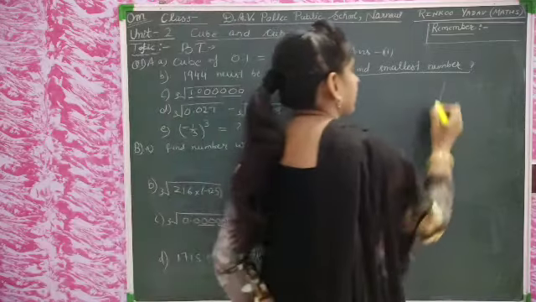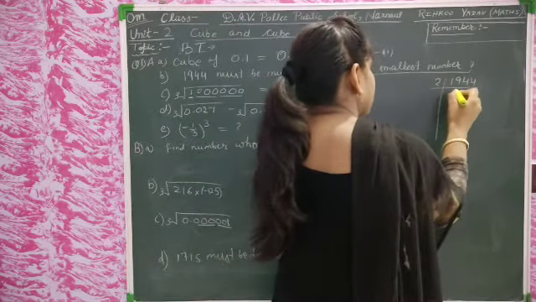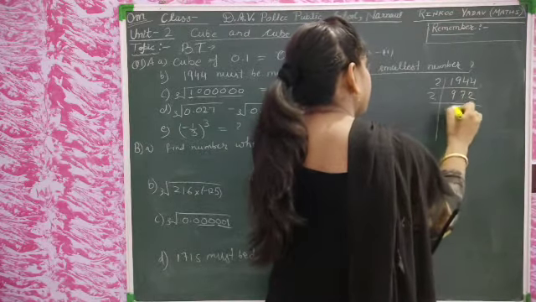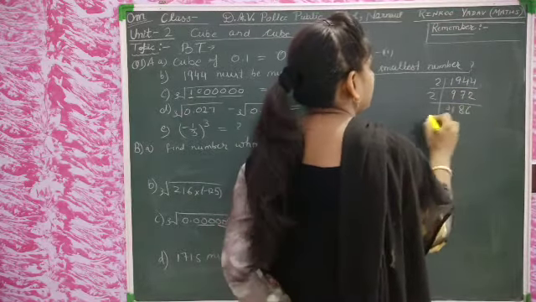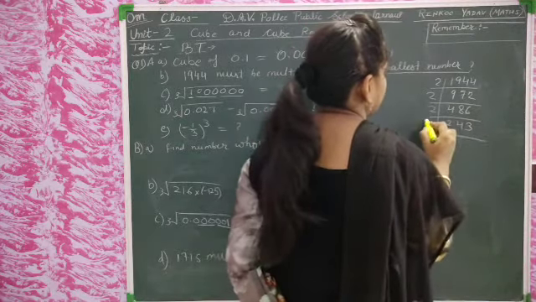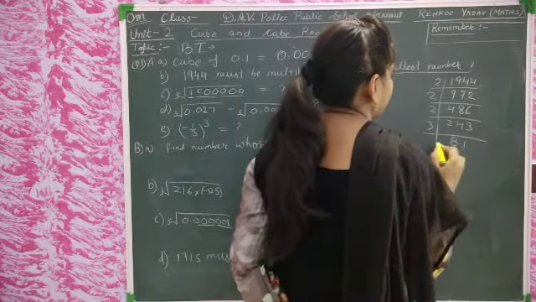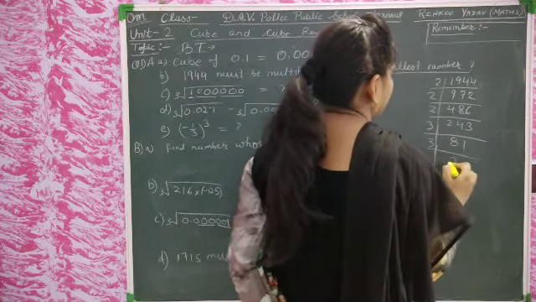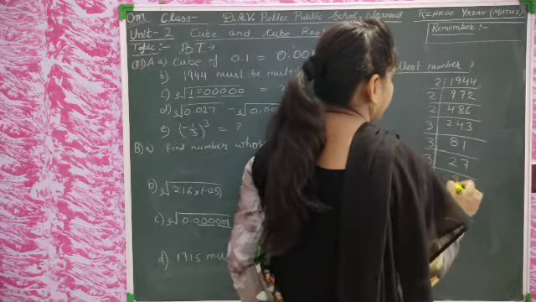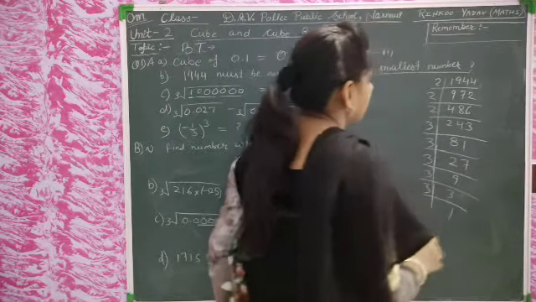So taking the prime factorization of 1944: 2 times 9 is 18, 2 times 7 is 14, 2 times 2 is 4, 2 times 4 is 8, 2 times 8 is 16, 2 times 6 is 12, 2 times 2 is 4, 2 times 4 is 8, 2 times 3 is 6, 3 times 8 is 24, 3 times 1 is 3, 3 times 2 is 6 and 3 times 7 is 21, 3 times 9 is 27 and 3 times 3 is 9 and 3 times 1 is 3.